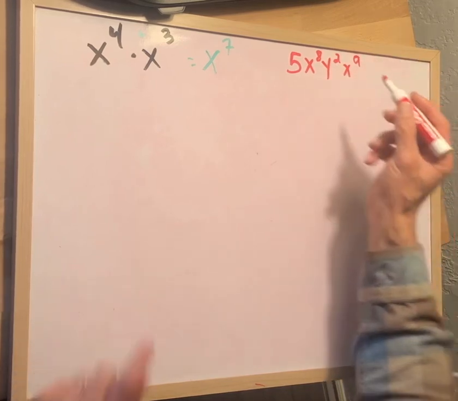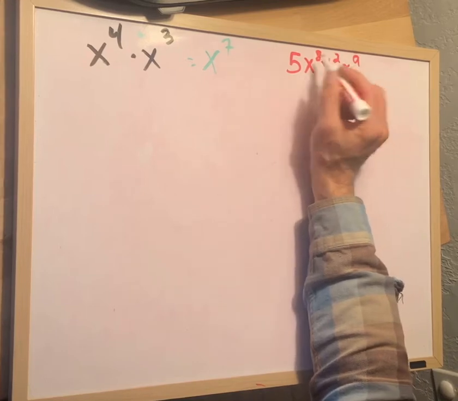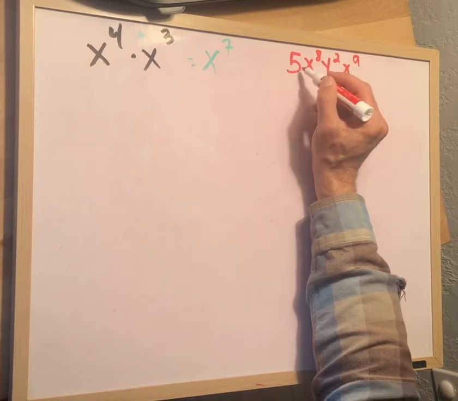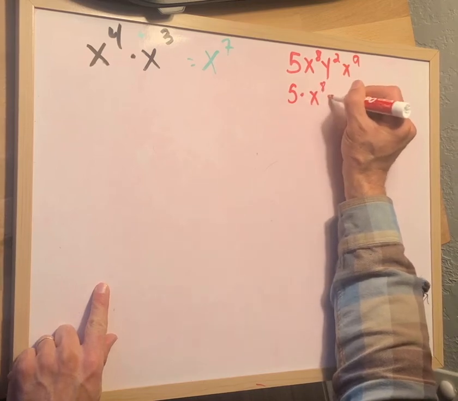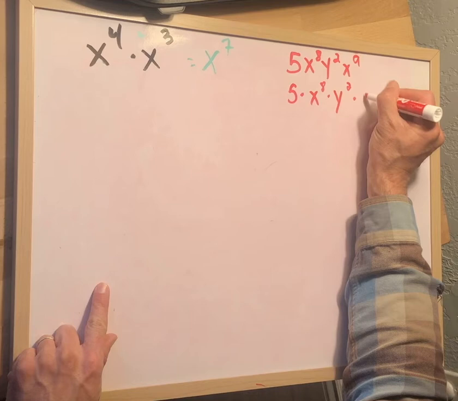Okay, so technically, if I were to separate everything, I'm going to have 5 times x to the eighth times y to the second times x to the ninth.